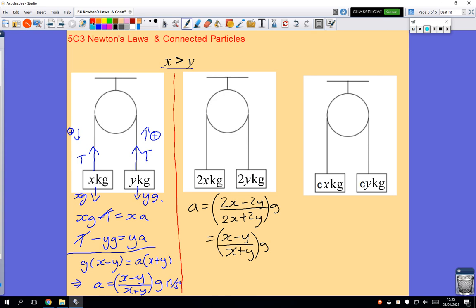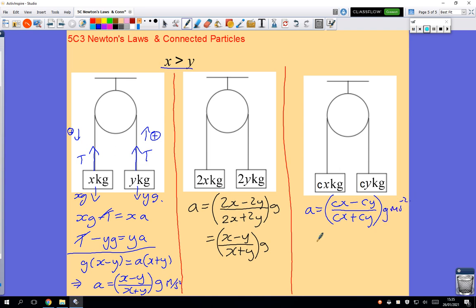And it's not just for doubling. I can prove that for any constant multiple of x and the same constant multiple of y. If I look at the acceleration of this system, the difference between the masses cx minus cy divided by the sum of the masses cx plus cy, sorry, I've left out my little g there, times g meters per second squared.